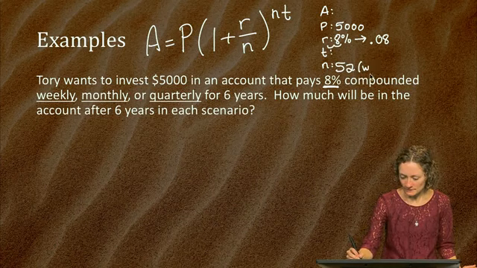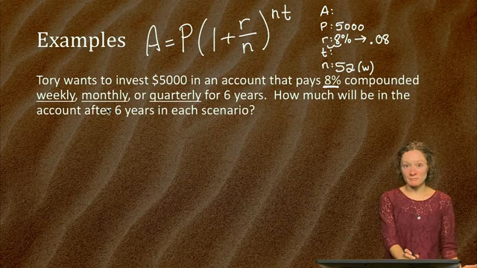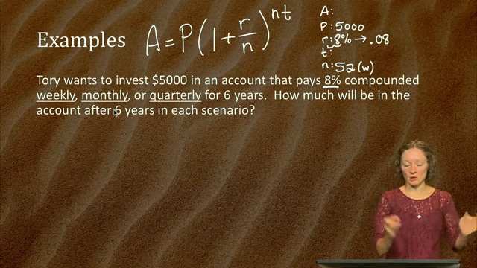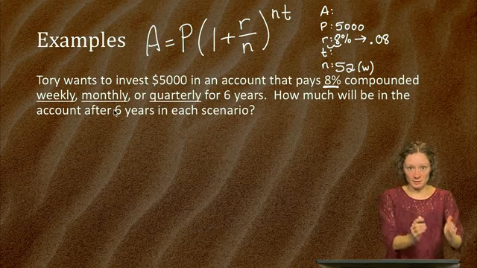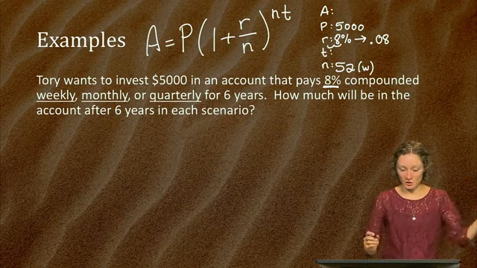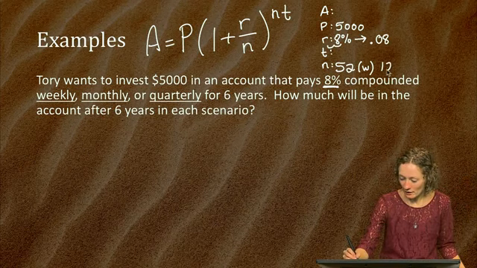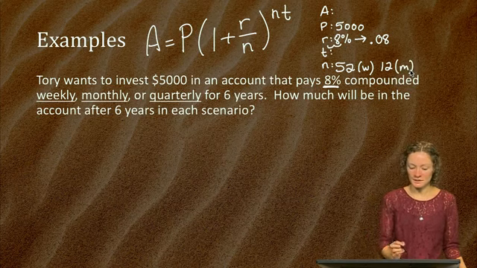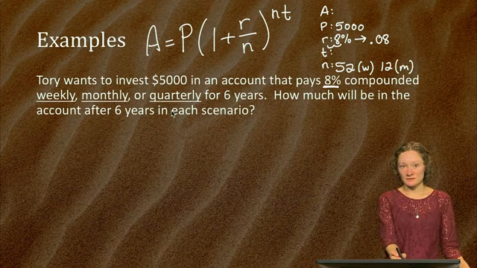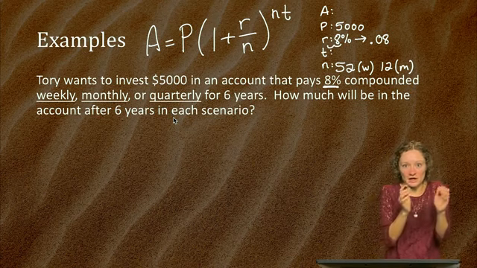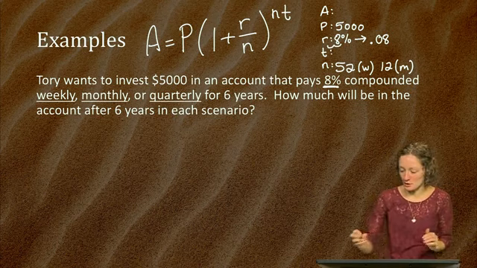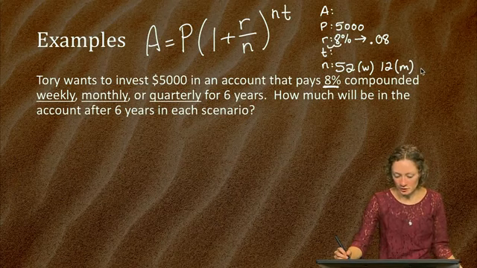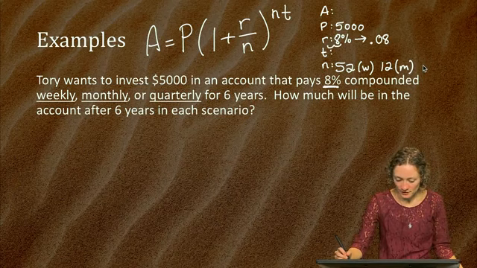This is weekly. If it's compounded monthly, how many times is it compounded in a year? Well, once a month, January, February, March, for a total of 12 monthly. And quarterly means quarters of a year, so 1 quarter, 2 quarter, 3 quarter, 4 quarters in a year. 4 quarters, and a dollar quarter means dividing into the fours.